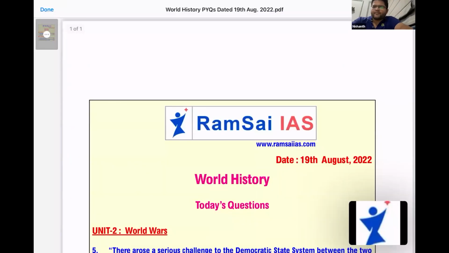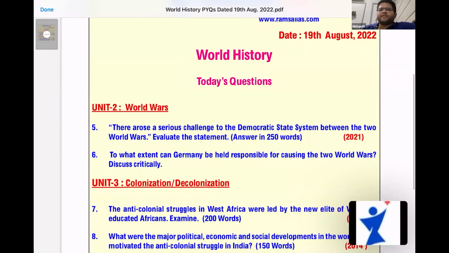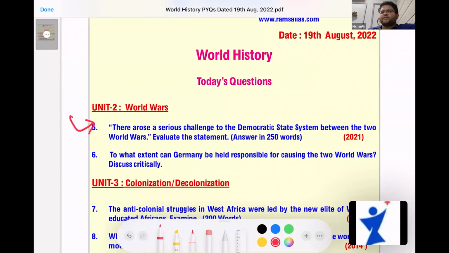There arose a serious challenge to the democratic state system between the two world wars. Evaluate the statement. So what are the challenges to the democratic state systems between the two world wars? First of all, you should establish the fact that between the world wars there was an emphasis or an effort to push the democratic state system.